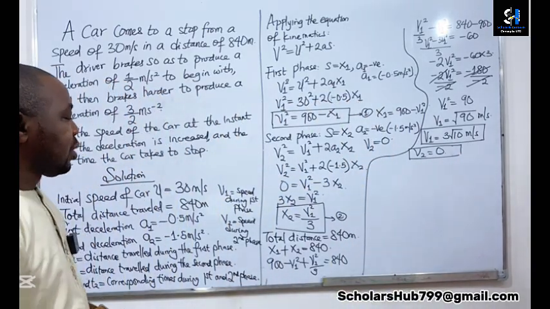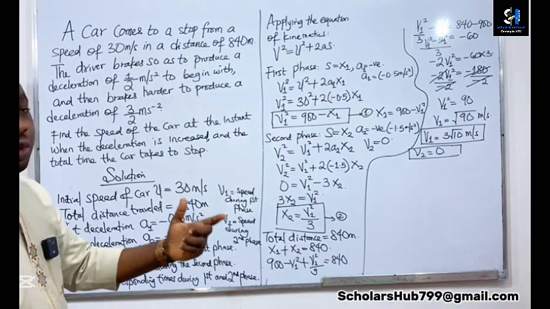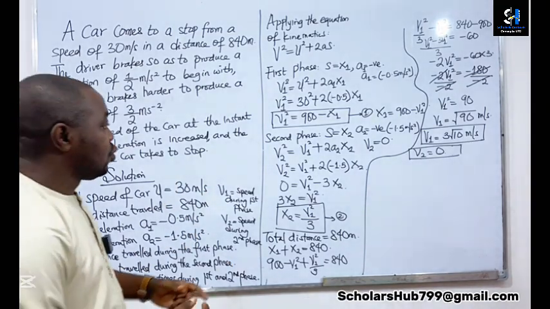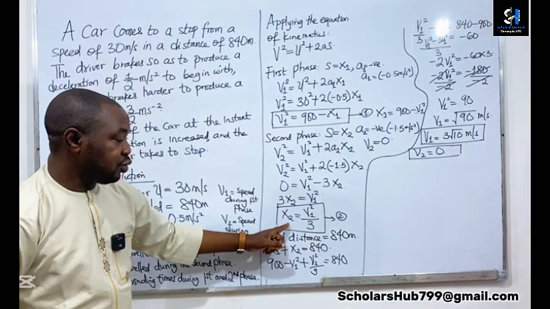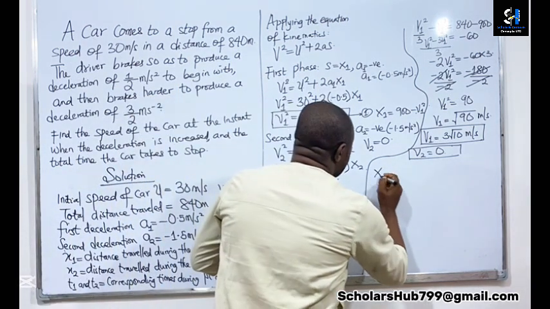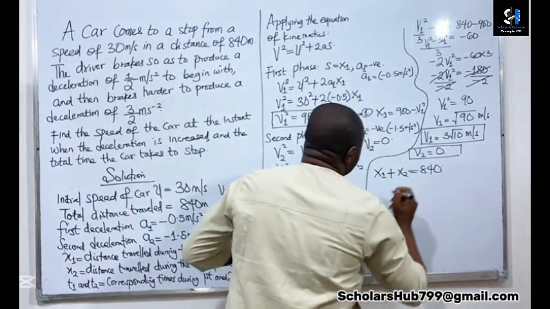All right, so now we can calculate the values of x1 and x2, now that we know the value of v1. We also know that x2 is v1 squared divided by 3. So let's calculate x1 plus x2, which equals 840.